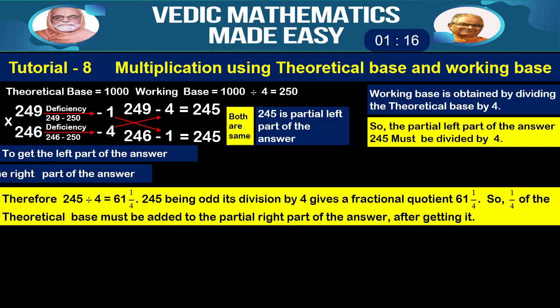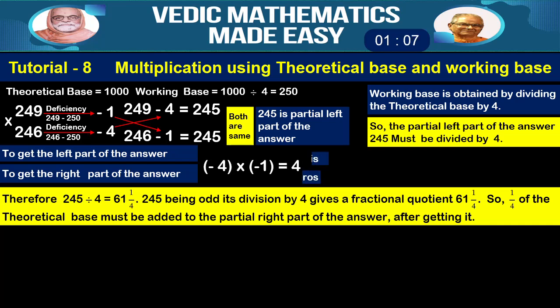To get the right part of the answer, minus 4 into minus 1 is equal to 4, but theoretical base is 1000. It has 3 zeros, so 4 must be written as 004.